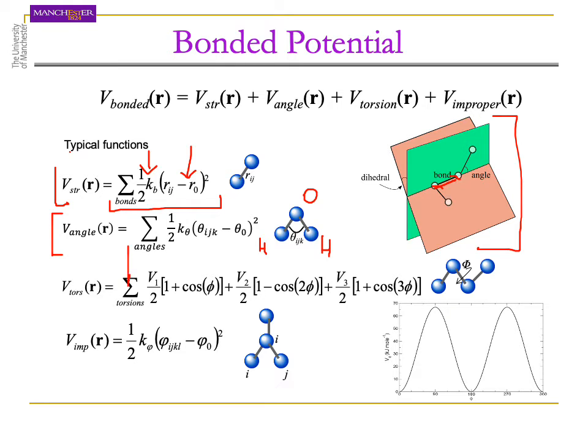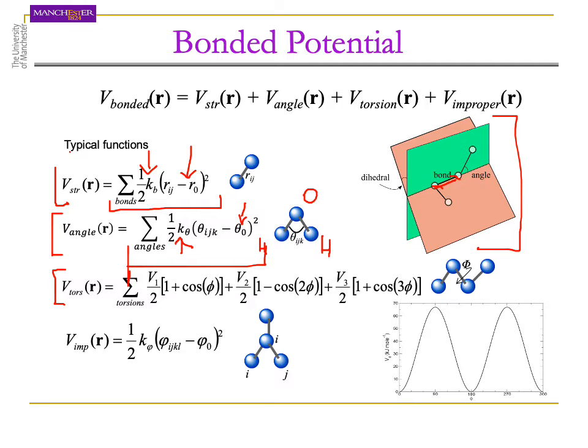It is modeled again with a harmonic potential, which depends on the equilibrium angle, theta subscript 0, and another energy constant. The fourth term of the sum is the torsional potential, which describes now the interactions between four atoms.